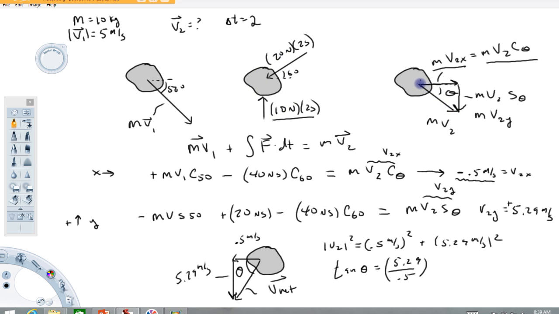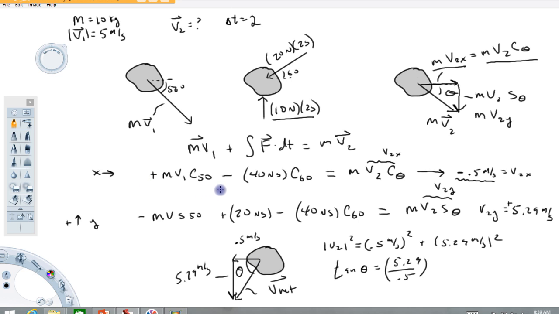Draw your final momentum vector. You will sometimes have to guess directions. It's perfectly fine to guess directions, and what will happen, just like right here, is a minus sign will show up if a direction actually is not right. And you haven't done anything wrong, because in the end, by the time you work it out, you know the velocity vector, including the correct directions.